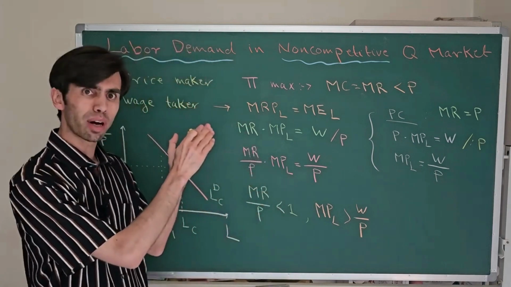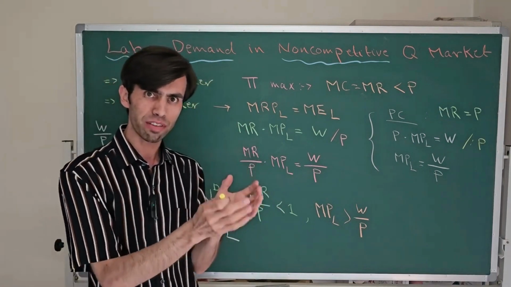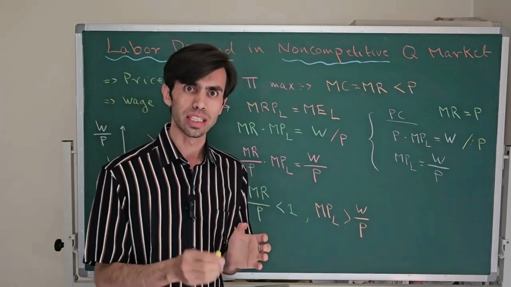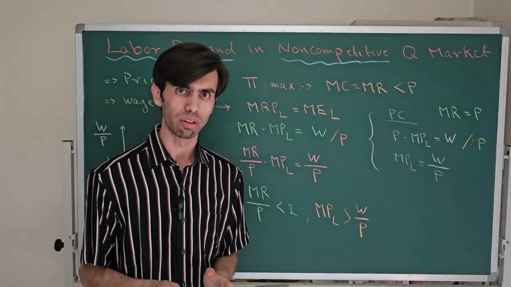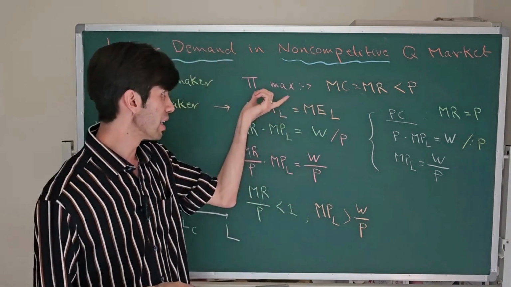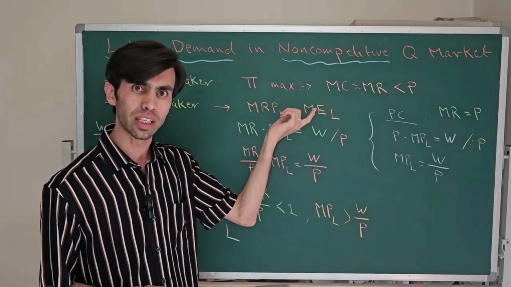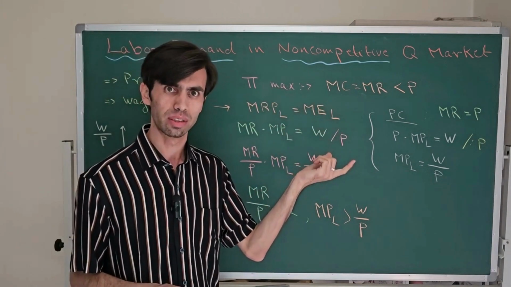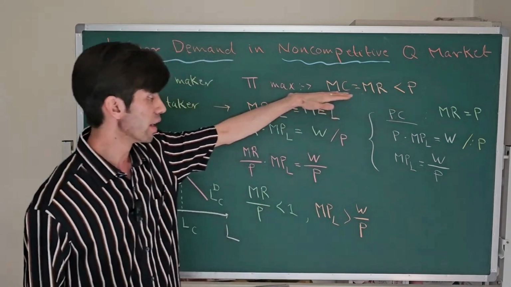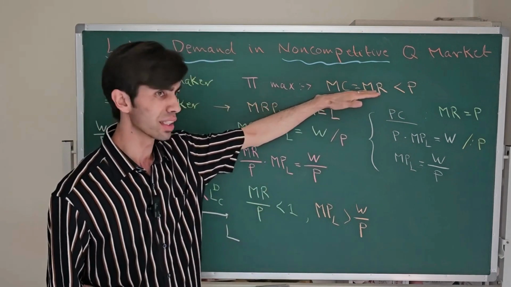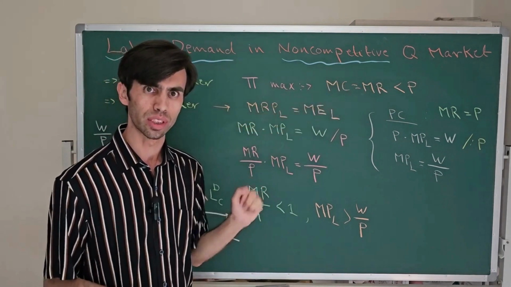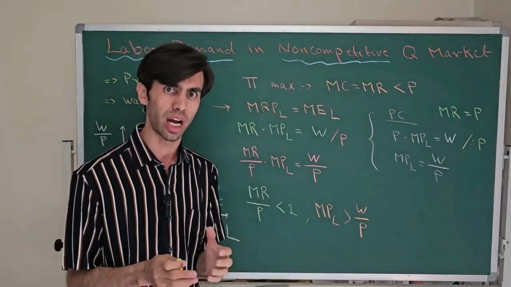In the perfectly competitive firm, the profit is equal to zero. But in a monopoly market, there is a positive profit. So the price will be more than the marginal revenue that you generate from selling your output.